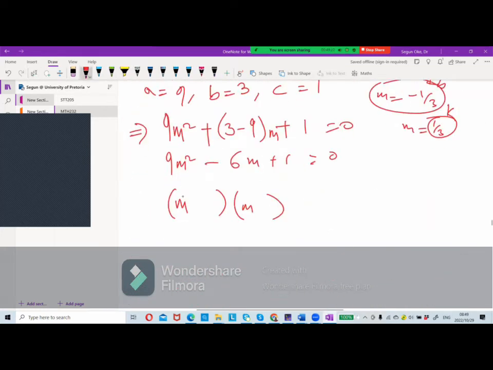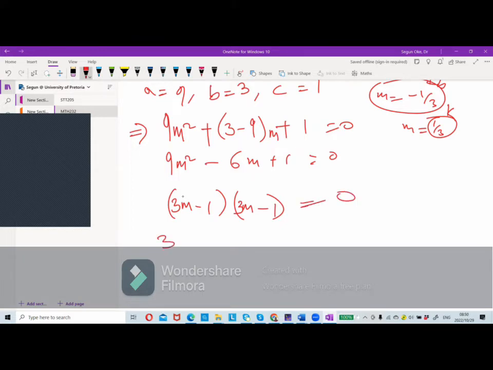But in this case, we have 9, which is 3m and 3m. So in this case now, minus 1, minus 1. When you open this bracket, would I get the same thing back? Yes, sir. We are going to get 9m squared minus 6m plus 1. Okay, good. Now you agree.